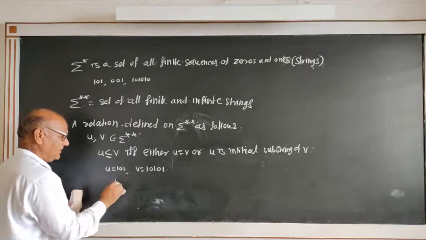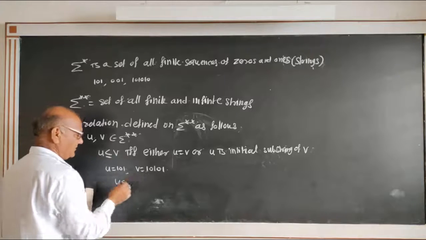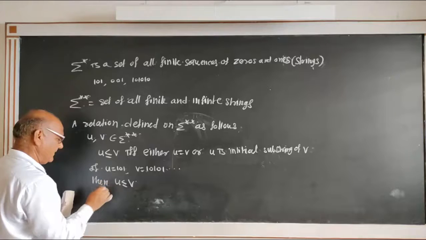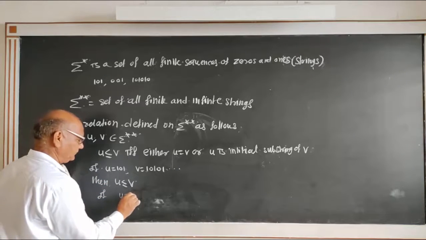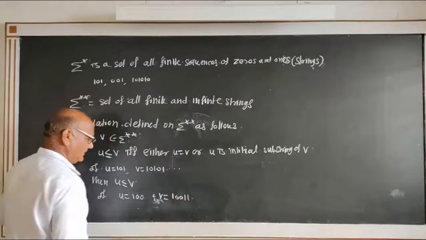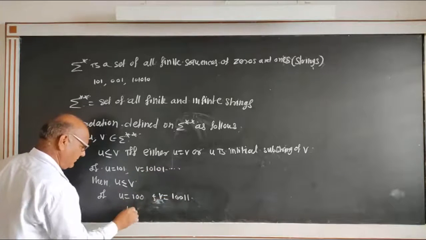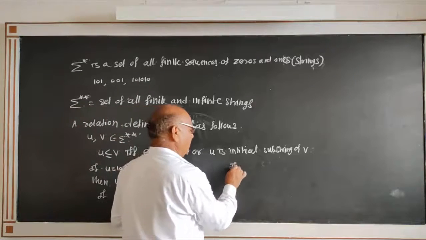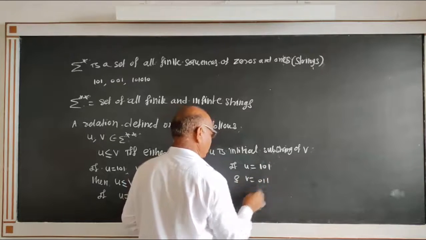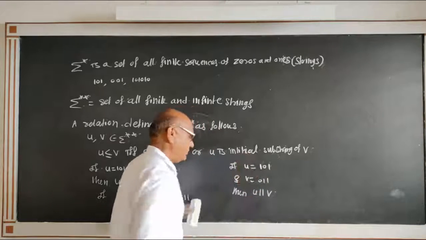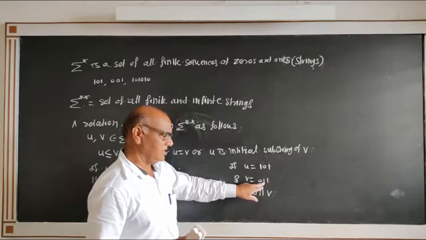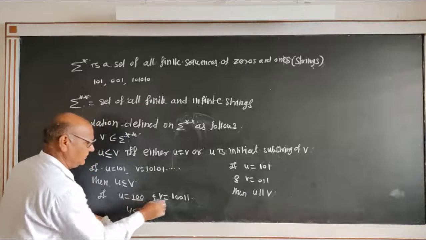Then U is related to V. Or if U is equal to 1 0 0 and V is equal to 1 0 0 1 1, then U is finite, V is clearly infinite, and U is related to V. If U is equal to 1 0 1 and V is equal to 0 1 1, then U and V are not comparable, because U is not an initial substring.